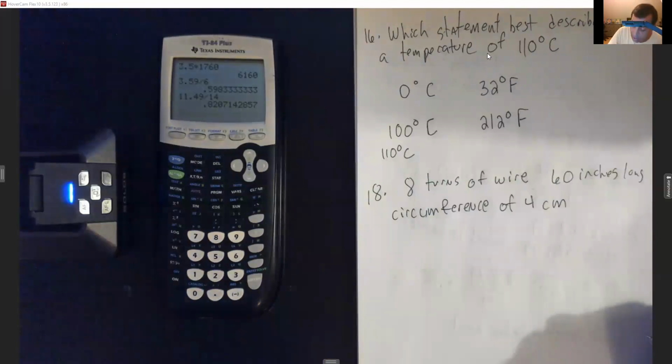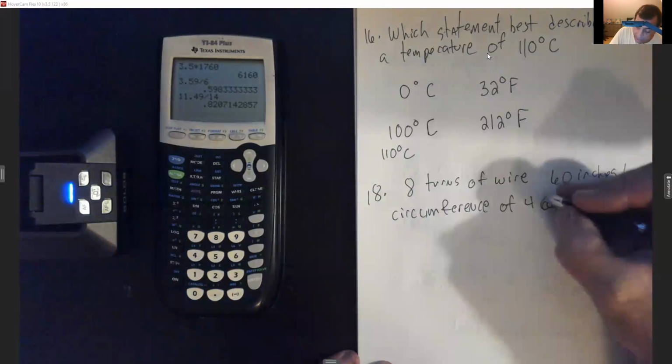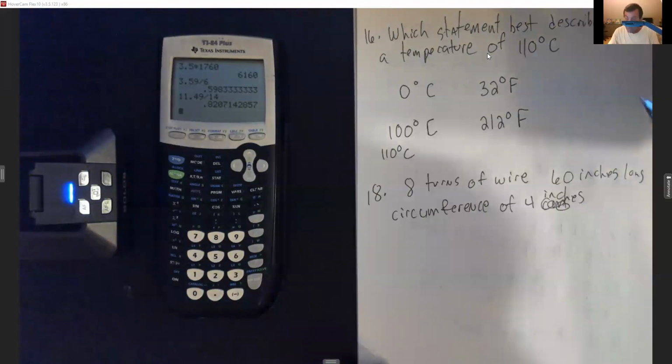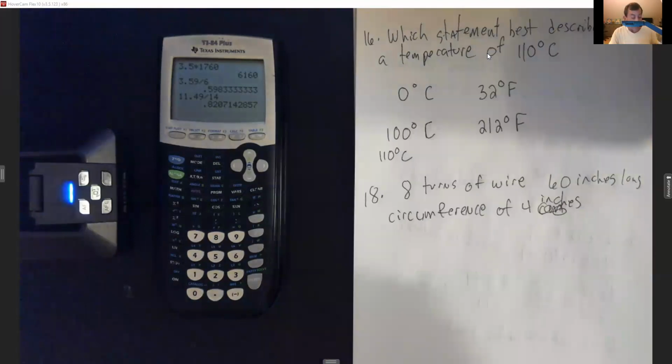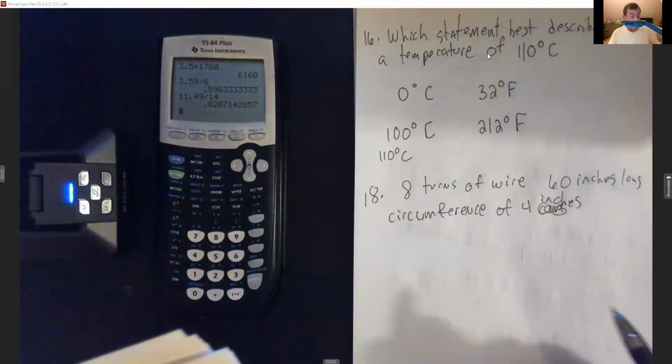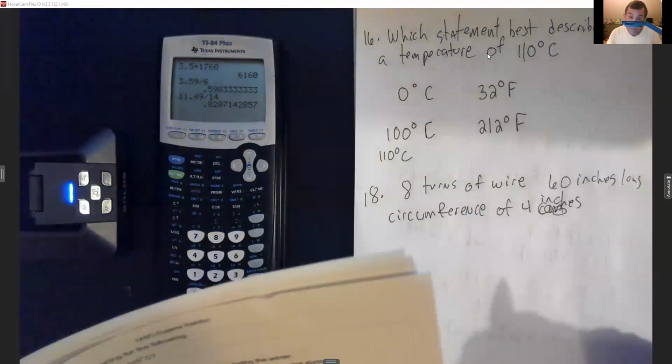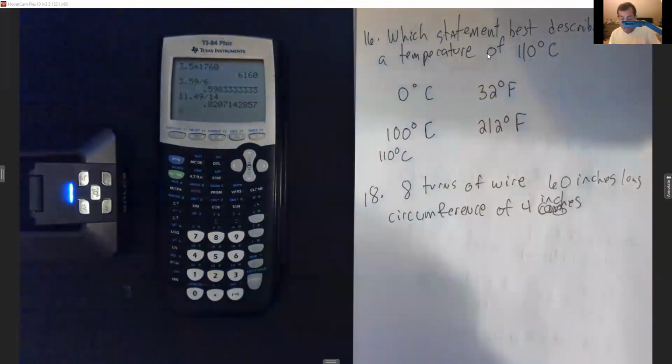Nope, 4 inches. They're keeping everything inches. So it's 60 inches long, 4 inches around. That's what the circumference is, how round it is. So that the wire reaches from the bottom of the pipe to the top.